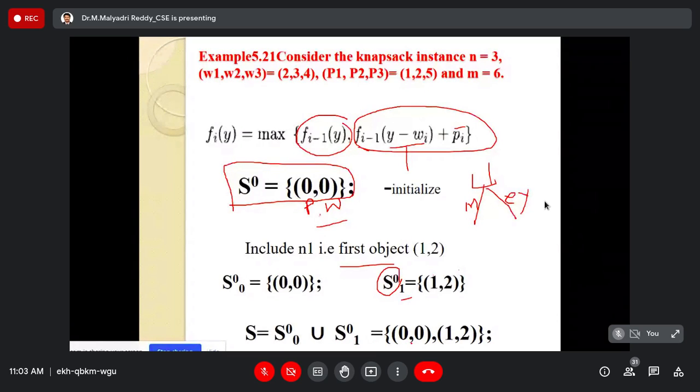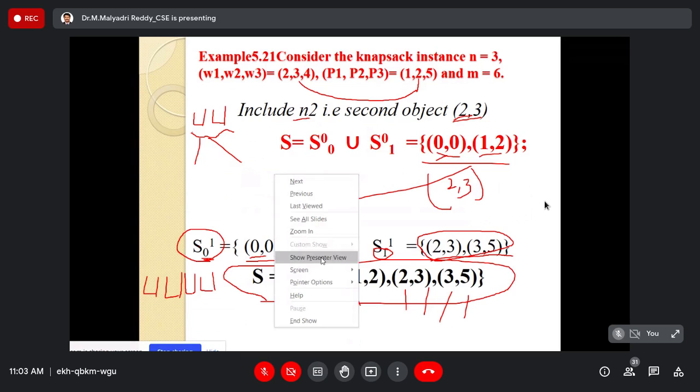By combining these two, I get the two feasible solutions S equal to 0 comma 1 comma 2. So at the end of the first object, I get two possibilities. After that, I have to focus on the second object.